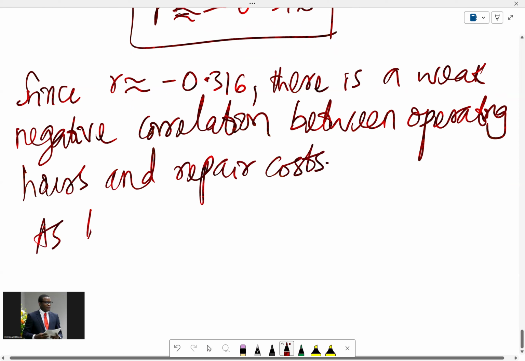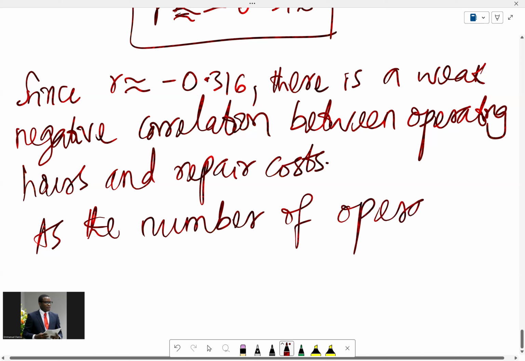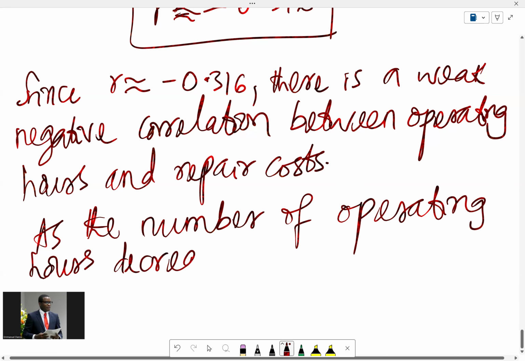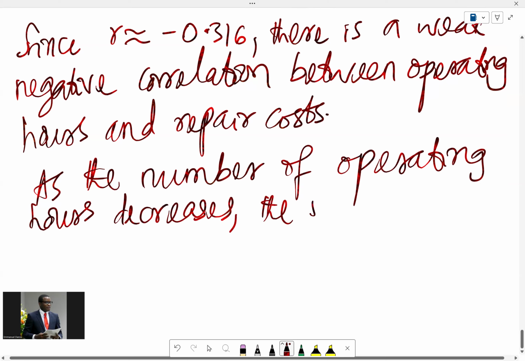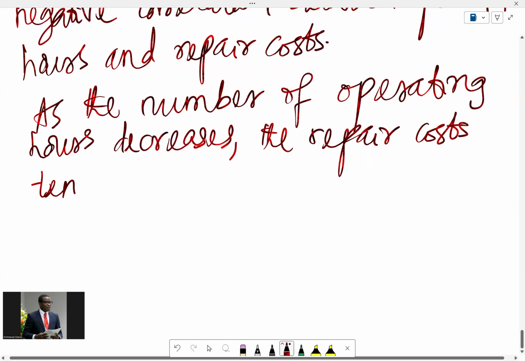So as the number of operating hours decreases, the repair costs tend to increase.